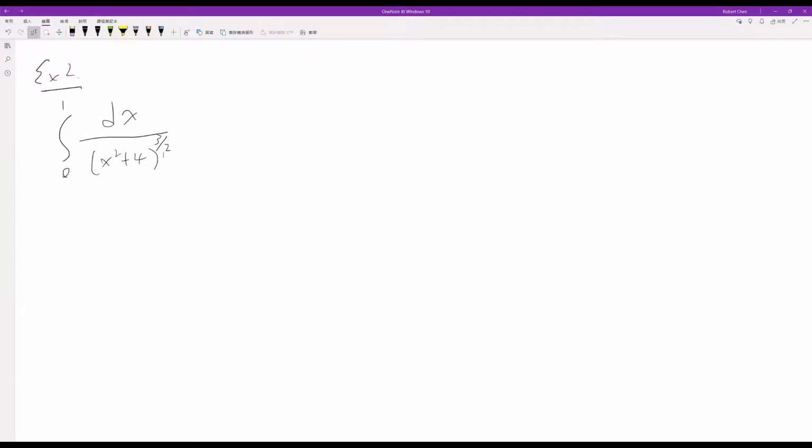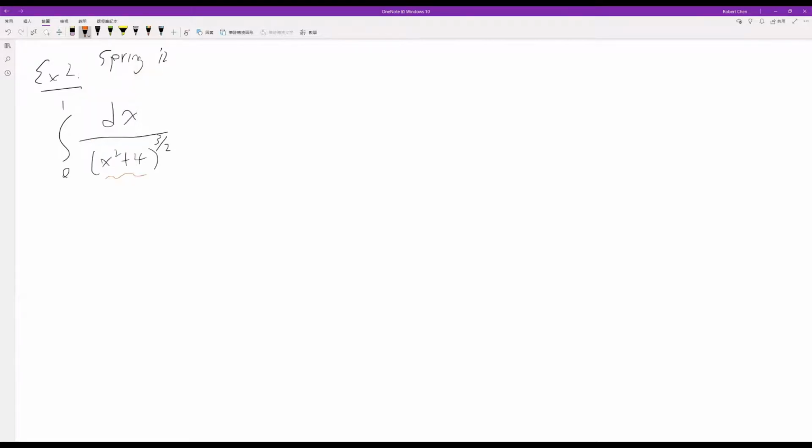All right, example 2, we have this integral. Now, this question is pretty interesting. It's actually one of the final questions from Calc 2 class in spring 12. Okay, so let's take a look at this. First, we want to identify what type of trig sub we're looking at, right?